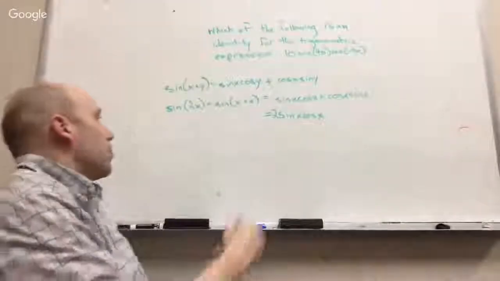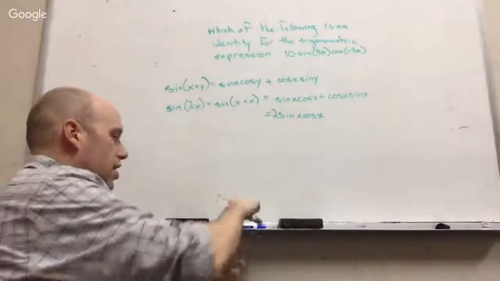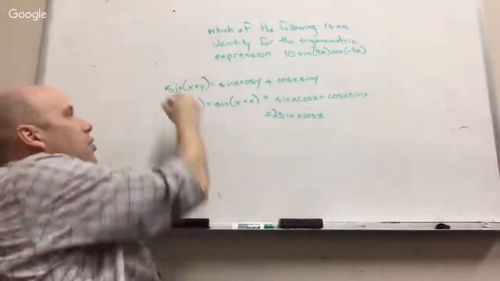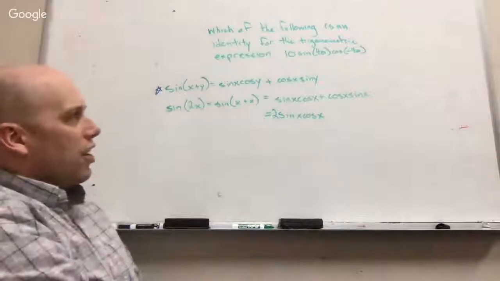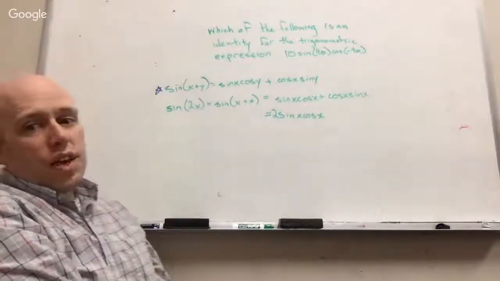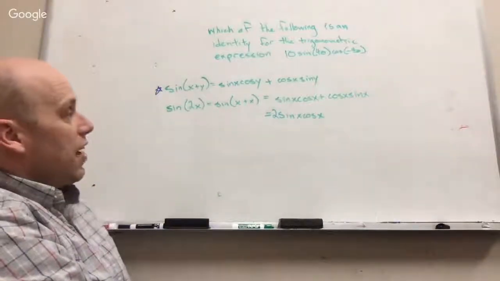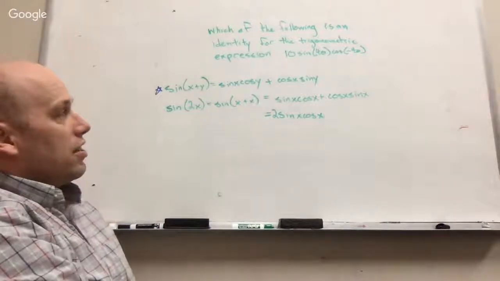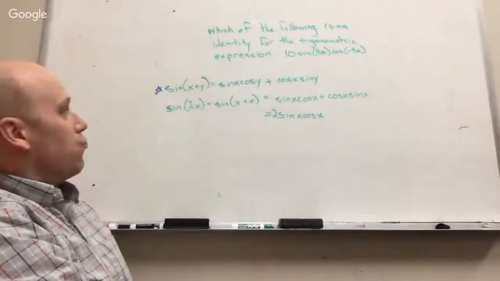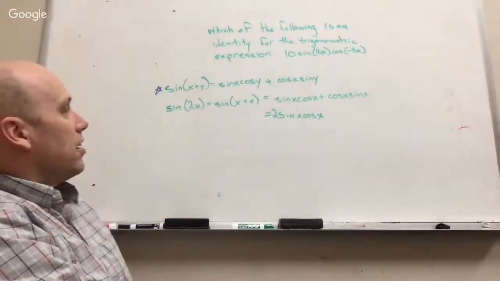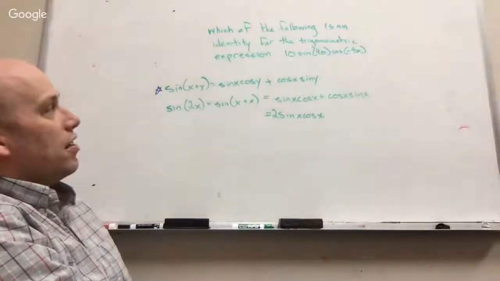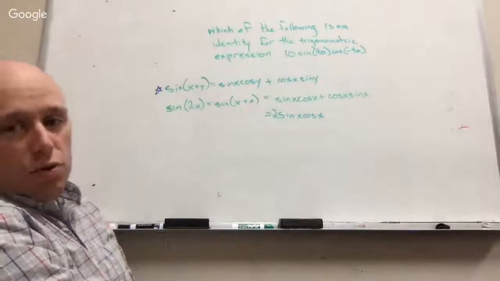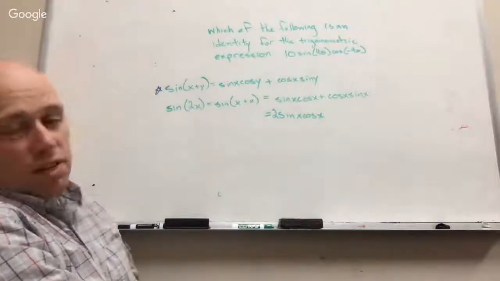So if I'm thinking about this sine identity, then I notice that I have a sine and a cosine here. It would be really nice if I had sine 4 theta, cosine 4 theta, instead of cosine of negative 4 theta.